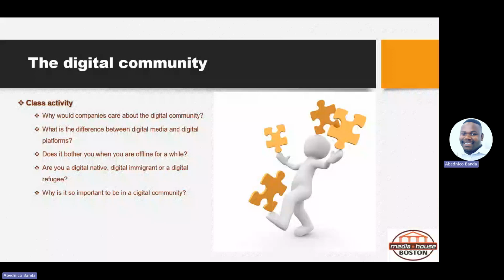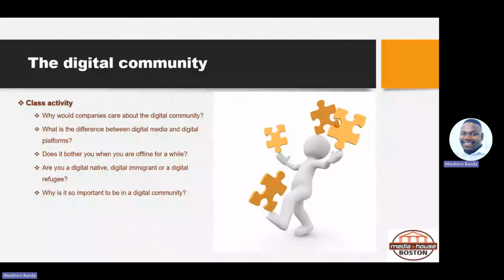If you do not have access to alternative energy, all of a sudden you are on stage 6, does it bother you to be offline a while? Because whatever answer you have to this will actually signify your role as a member of the digital community.